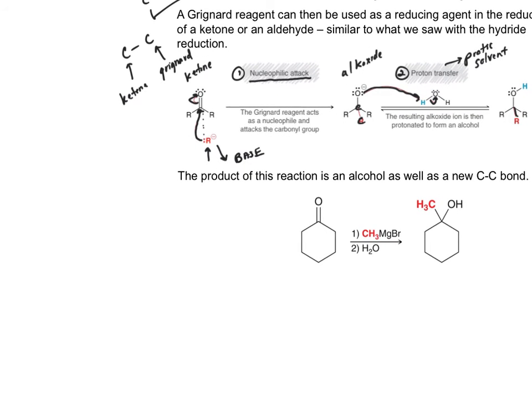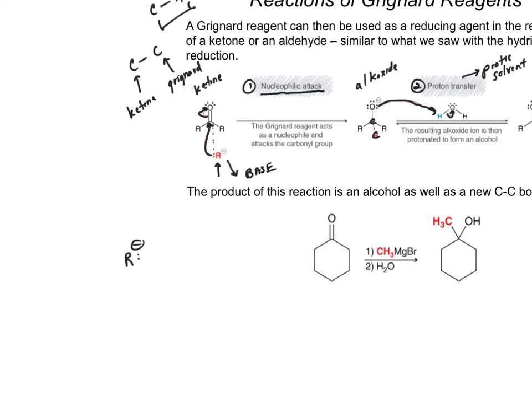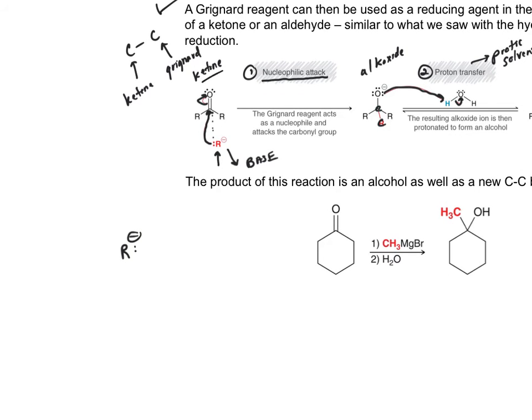If we had taken our Grignard reagent, let's imagine it's some alkyl group, and reacted it with our ketone, and put our water, our protic solvent, in at the same time, the preferential reaction would be for this guy to act as a base and take a proton from water, leaving behind just the normal alkane at the end of the day.